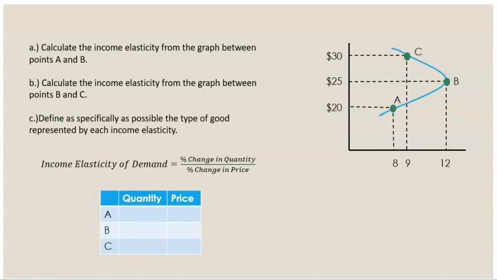So why don't you hit pause and find those numbers? Those numbers: at $20 you would purchase 8, at $25 you would purchase 12, and at $30 you would purchase 9. So hit pause and see if you can do these calculations.